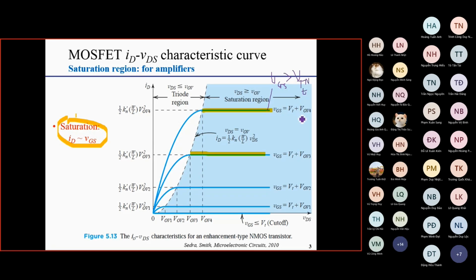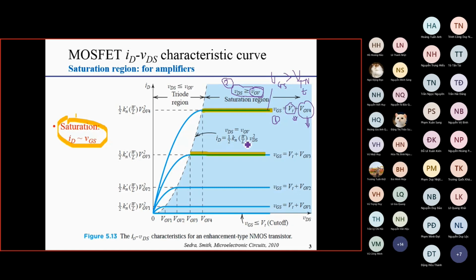It is larger than the threshold voltage by an amount of overdrive voltage VOV, so VOV is equal to VGS minus Vthreshold. The overdrive voltage reflects how big VGS is compared to the threshold voltage. The second condition is that VDS must be large enough, larger than the overdrive voltage. So these are the two conditions to put the transistor in saturation mode.